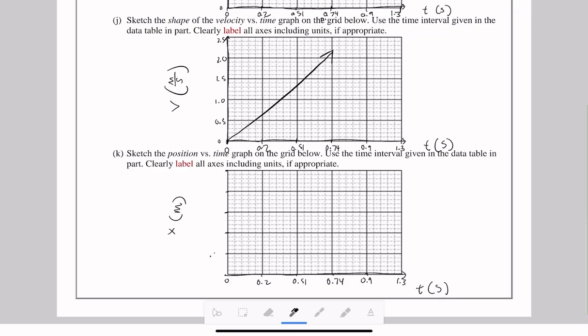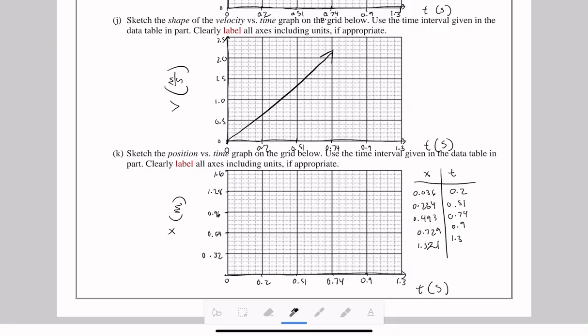So I'm going to do intervals of 0.32. Okay. And then we're asked to plot all the points. So I'm just going to write them out here just to make it easier for me.